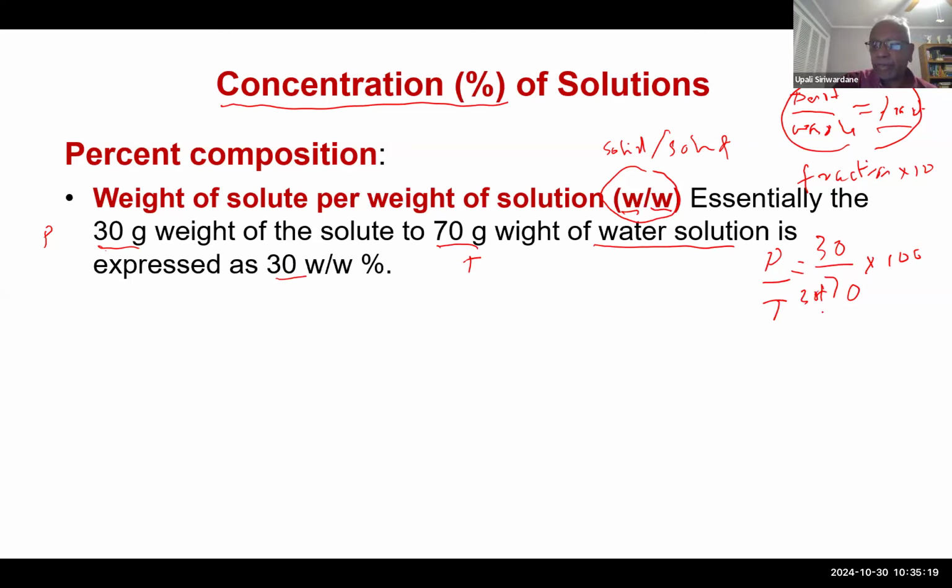You get 30%. Remember, that's the calculation we do in all cases: part divided by total multiplied by 100.